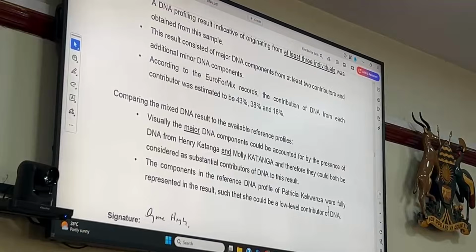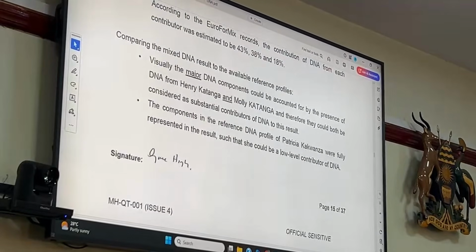Therefore, they could both be considered as substantial contributors of DNA to this result. The components in the reference DNA profile of Patricia were fully represented in this result, such that she could be a low-level contributor of DNA.